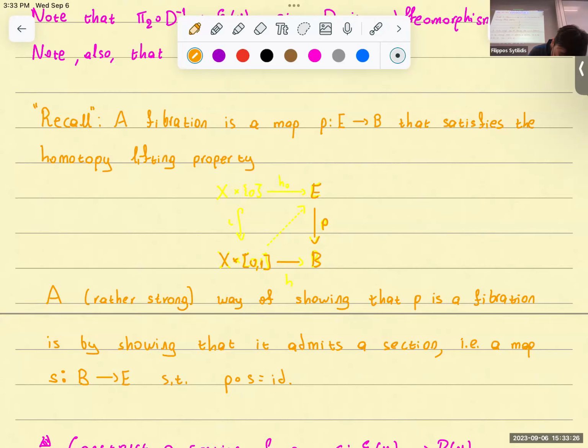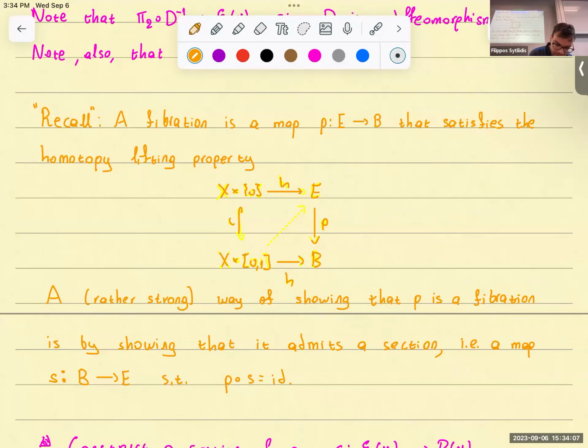It says that if I have a homotopy, for any map from any topological space, on the base, and I have a lift of that homotopy at level 0.